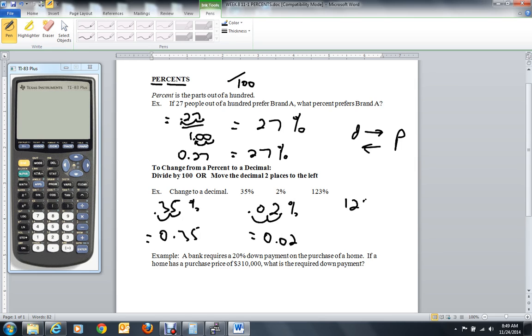And then 123%, take the decimal that you don't see, move it 2 places to the left, you get 1.23. And just to do one more example, if you see 4.7%, you will convert it to a decimal: you move it 1, 2 places, throw in your 0 for the missing place, and you get 0.047. And that's how you do it. So to go from a percent to a decimal, it's 2 places to the left.